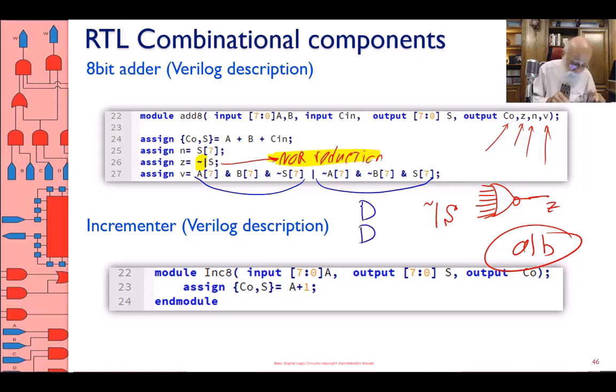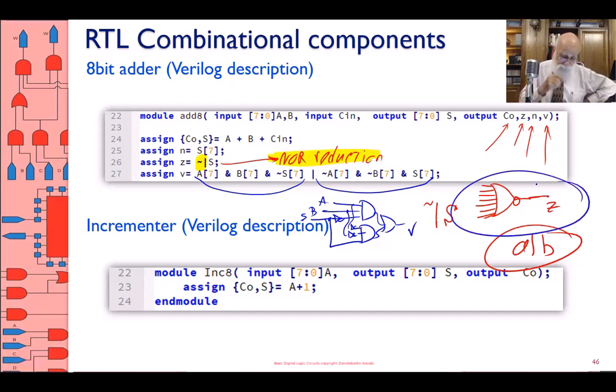Remember this, we did this. This is A7, this is B7, this is S7, and then this, this, and this, ORed together. That's my V flag. This is my Z flag, and the negative flag is nothing but just taking a wire off S7.